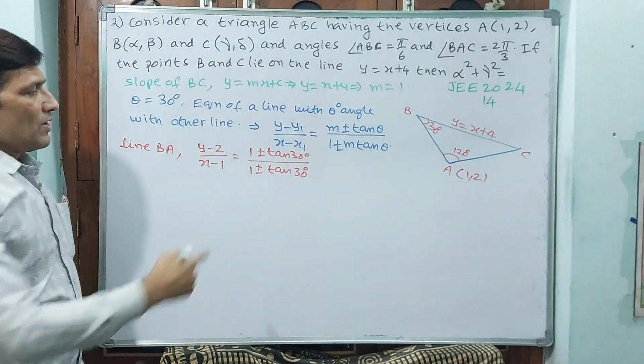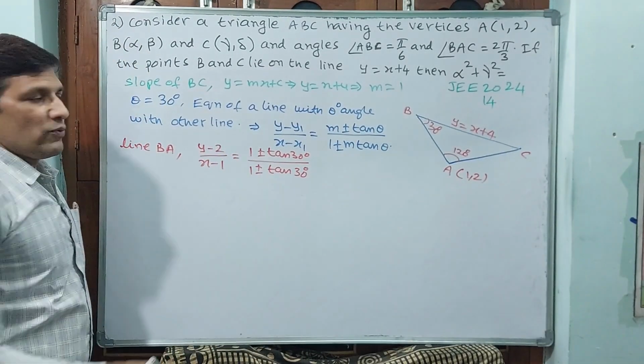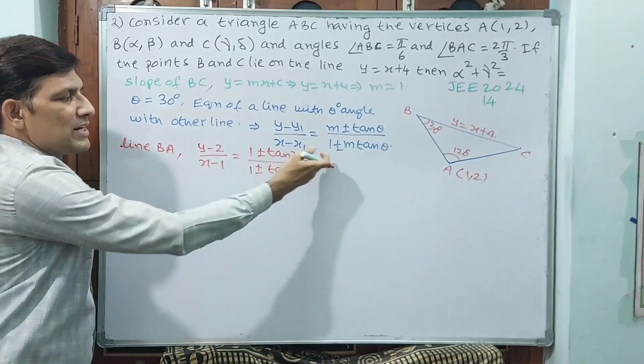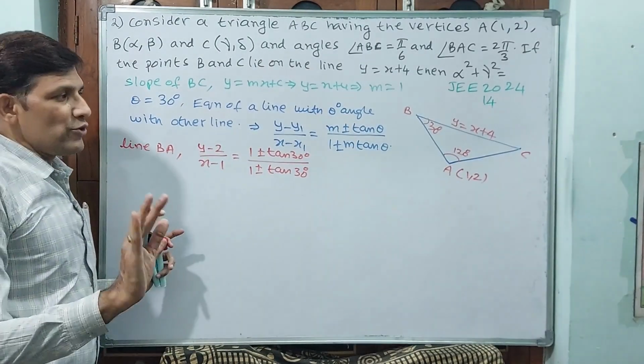See here, both plus or both minus, if you take, y minus 2 by x minus 1 is going to give 1. That is not going to help us.